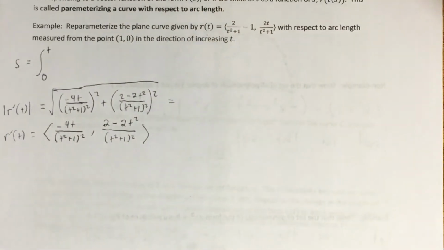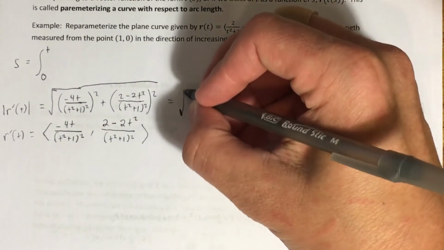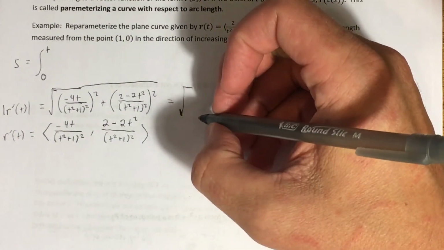Now, there's a significant chunk of algebra that happens here, and I'm going to jump through several of those steps for the sake of time, but you should have the algebraic skills to handle this.